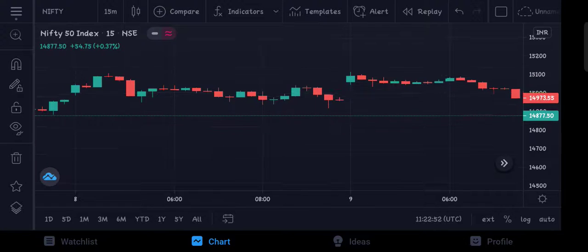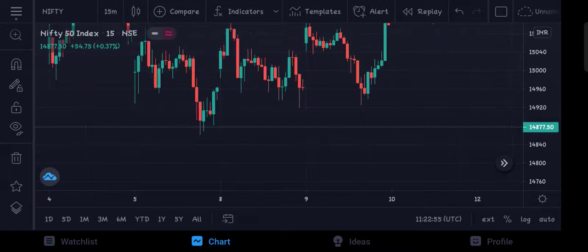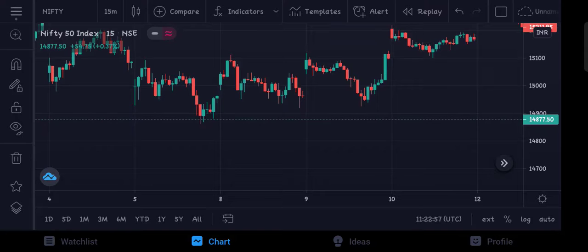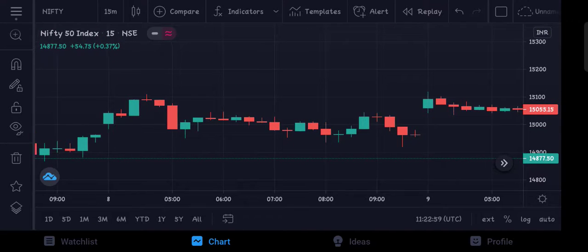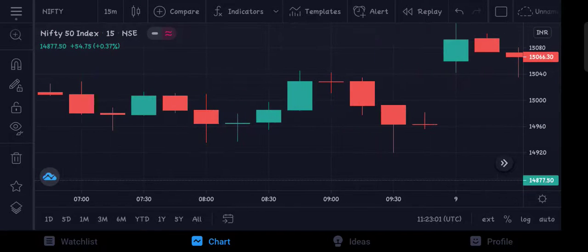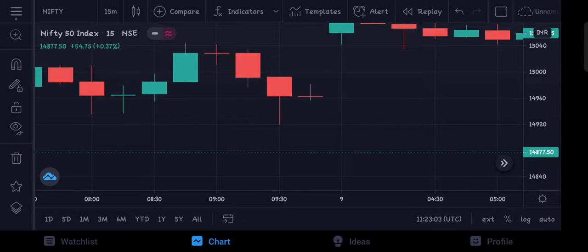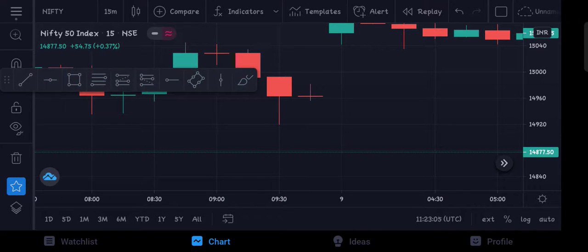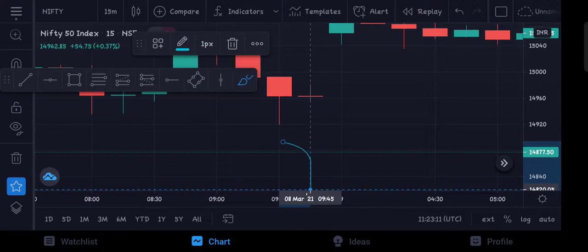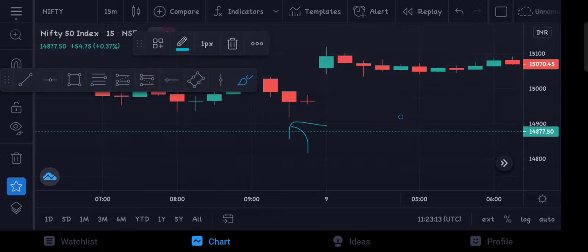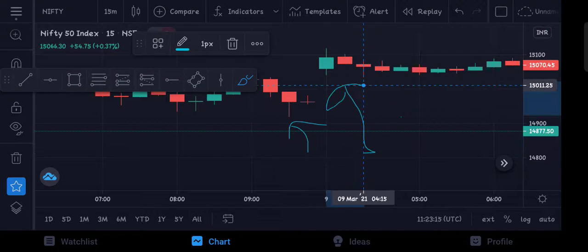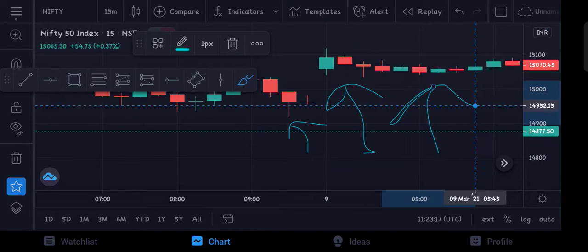Before jumping directly into how to trade with candlestick patterns, I will explain what a candlestick is and what it means. You can see this is a 15 minute time frame, and this is one candle which has formed, this is another candle, and this is another.